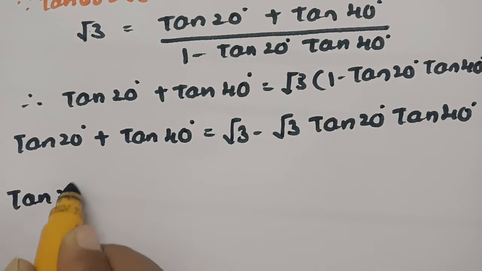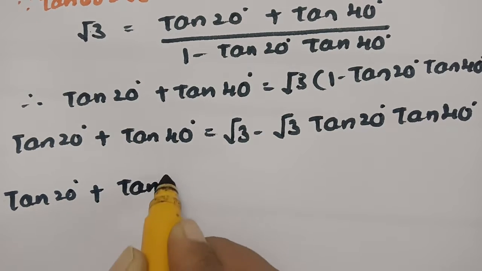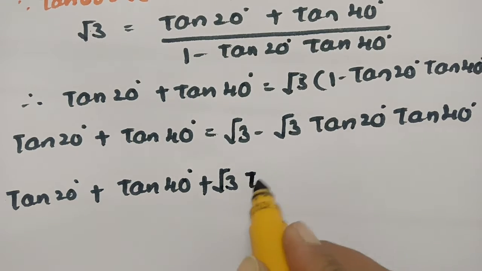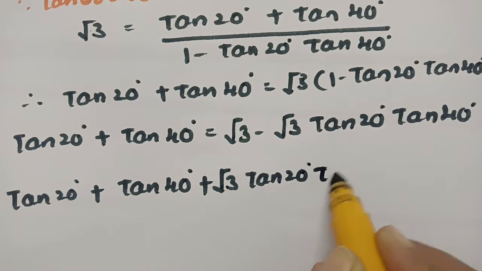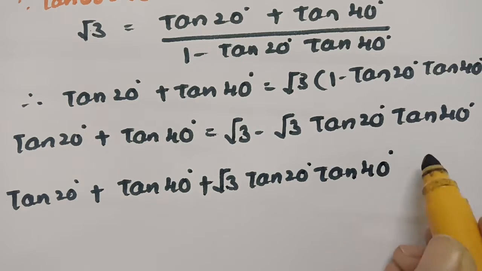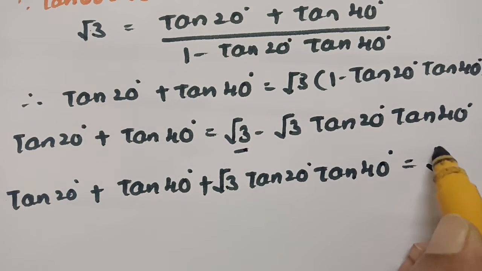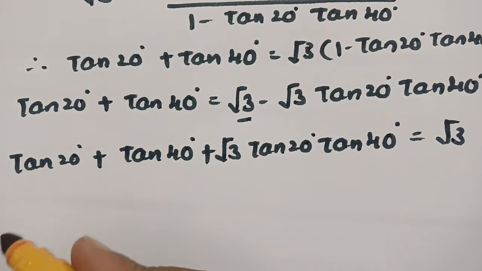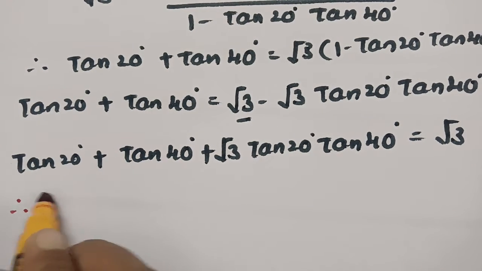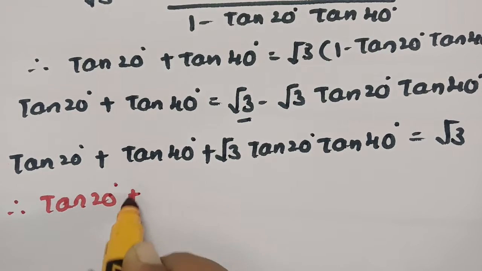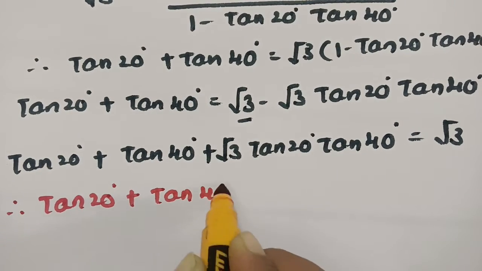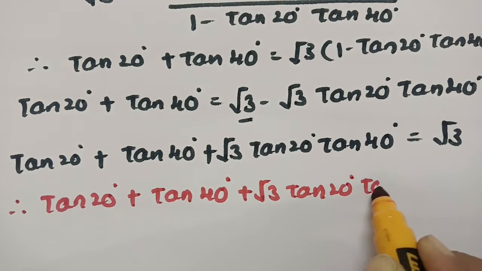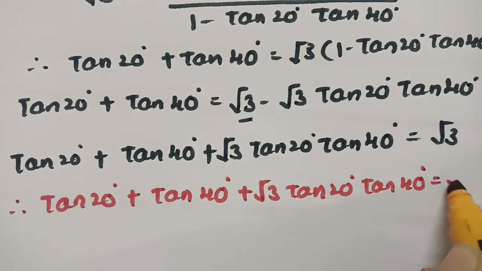Therefore, tan 20 degrees plus tan 40 degrees plus root 3 times of tan 20 degrees into tan 40 degrees is equal to, what is left over here? Root 3. So the value of tan 20 degrees plus tan 40 degrees plus root 3 times of tan 20 degrees into tan 40 degrees is nothing but root 3.